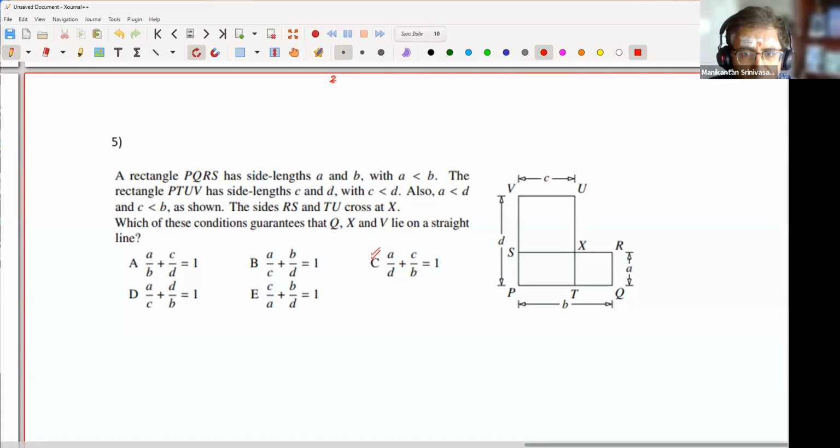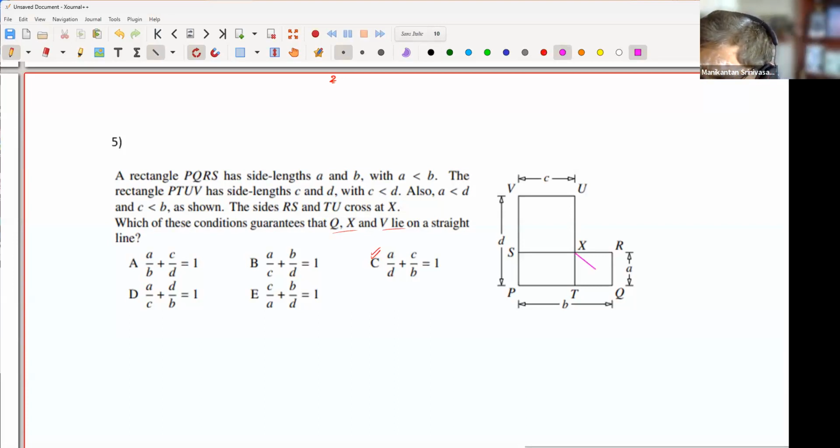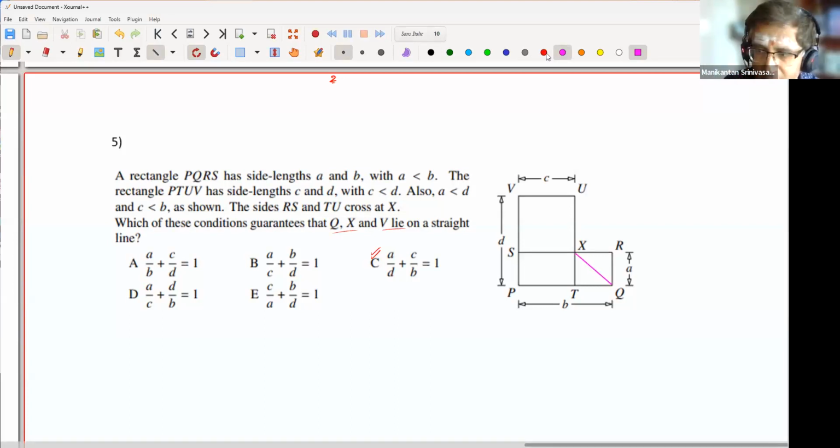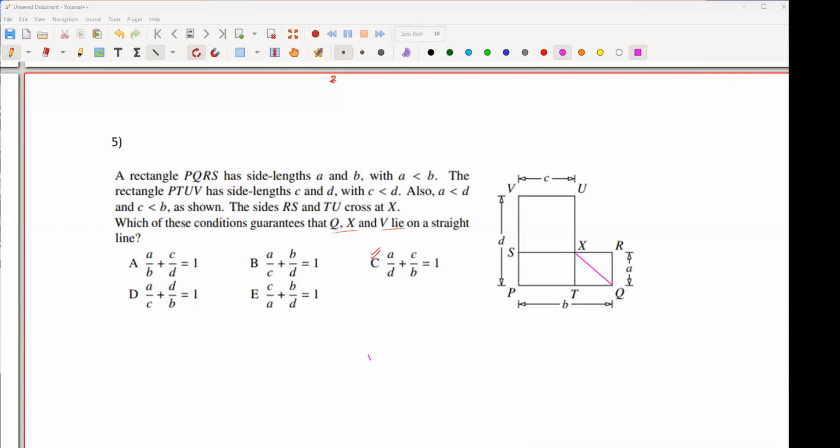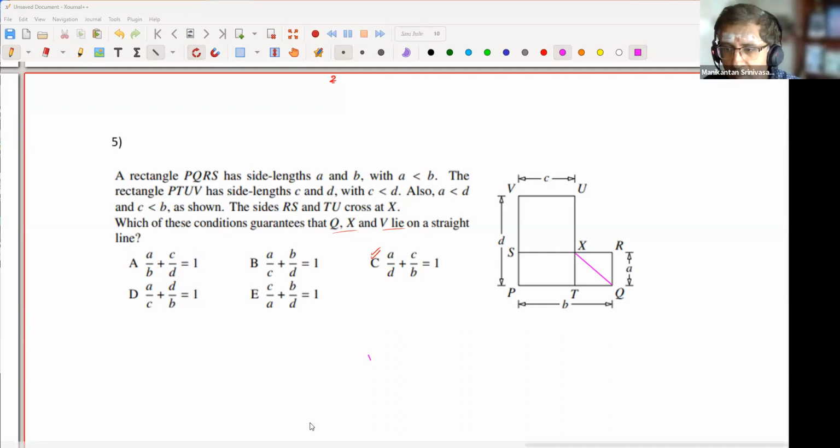So he wants Q, X, and V to be on a straight line, right? So which means the slope of QX should match.